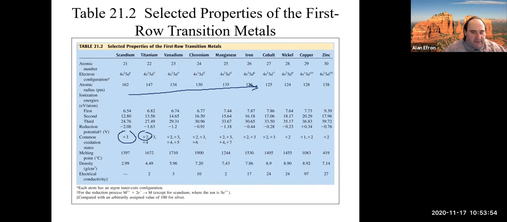We also see things like melting points also start to decrease a little bit as you go to the right. Density also increases as you go to the right. Again, we have a much smaller volume as everything is much tighter to each other. Smaller volume, density is mass over volume, so we get a little bit larger density for those guys.